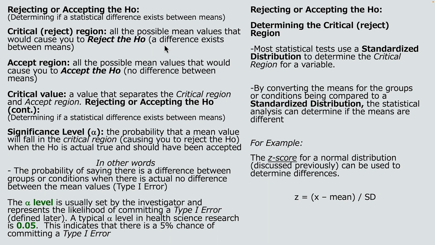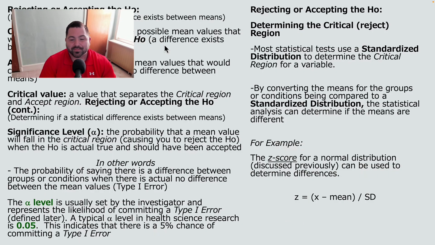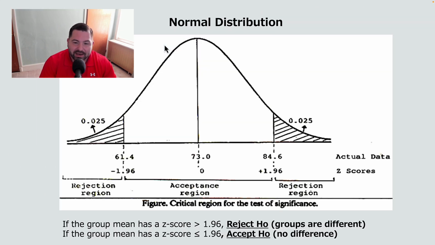So once we go through this process, a couple of ways that we have to do this is we have to understand that we use this thing called the normal distribution. And when we use the normal distribution, we never represent the data in terms of the actual units that we measured.